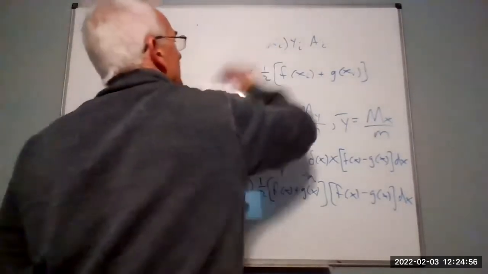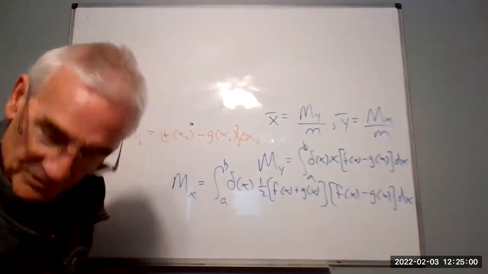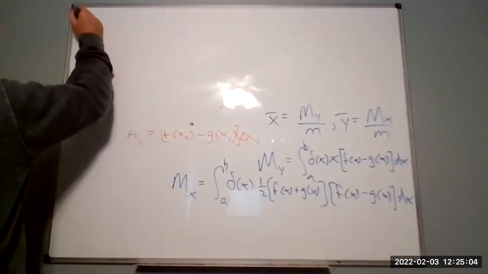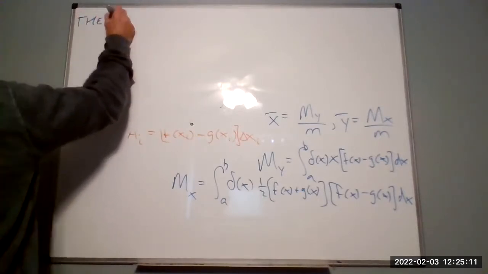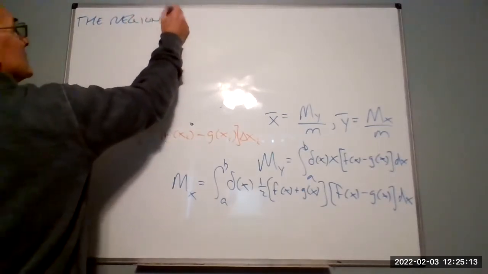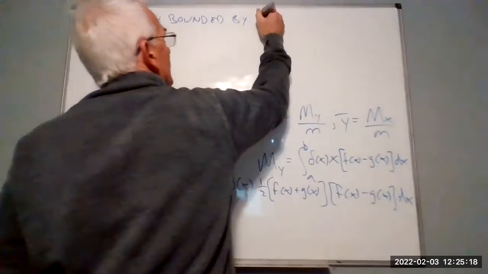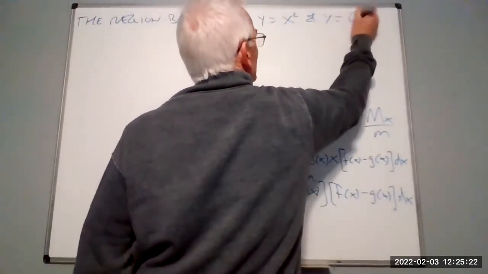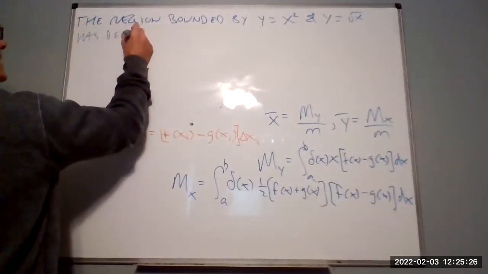Now, I think we did a problem yesterday. If I remember correctly, I want to use the same problem because we already did some of the work. So now what we want to do is, let's see. The region bounded by y equals x squared and y equals square root of x has density.